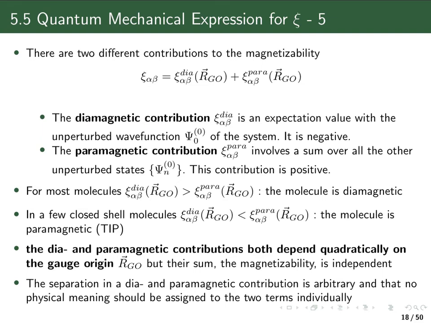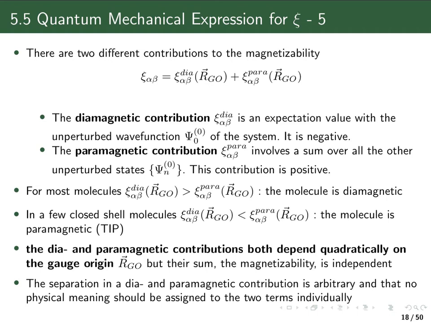This contribution is negative. The second contribution, which can be written either as the sum over states expression or as the linear response function, is positive. It's called the paramagnetic contribution.